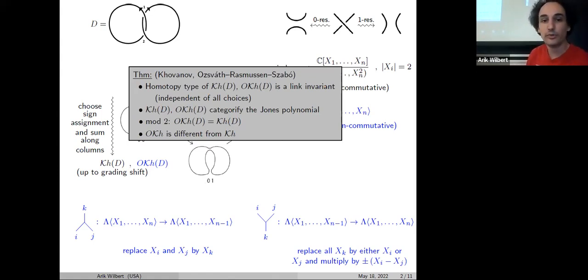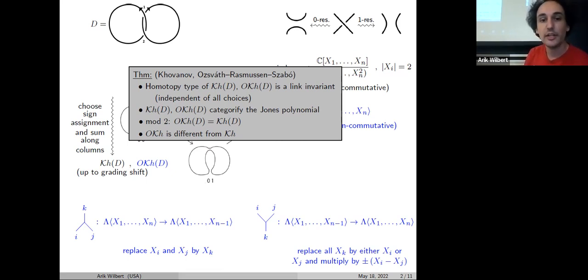The original construction is, of course, due to Khovanov, and this odd version is due to Ozsváth-Rasmussen-Szabó. First of all, these constructions are link invariants. The homotopy type of the chain complex that you get, both in the even version and the odd version, is indeed a link invariant, independent of all choices, meaning independent of the sign assignments and how you label the crossings.